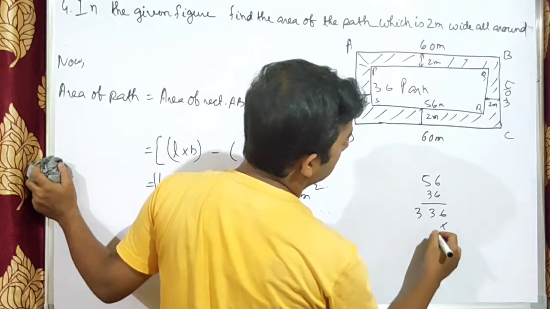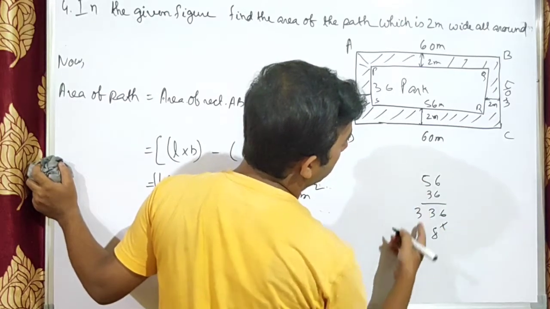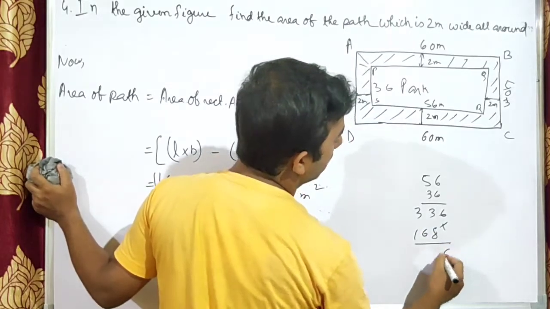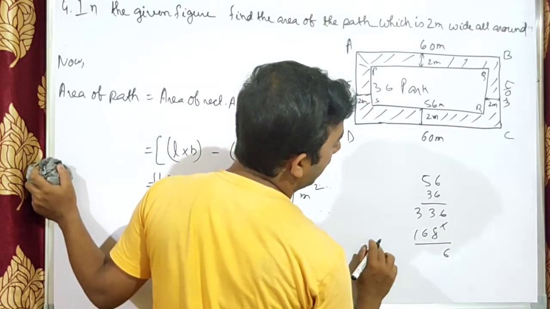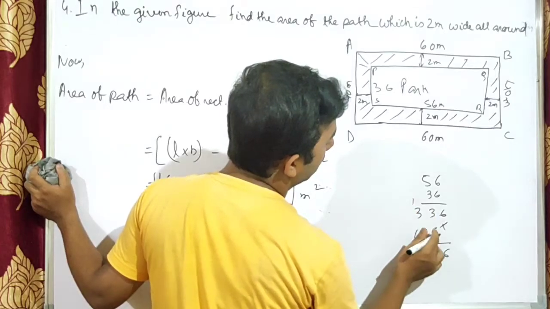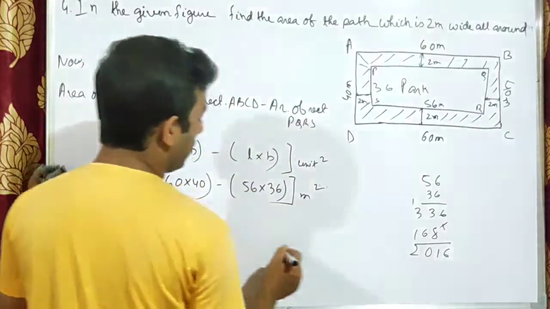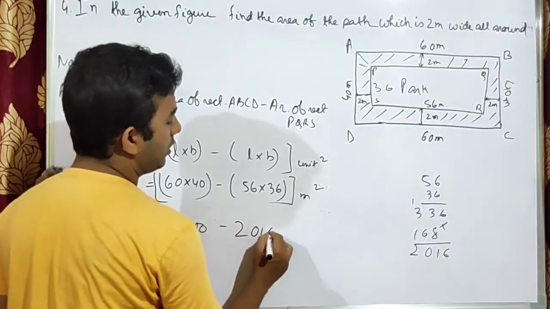Clear? Okay, then 3 into 6 is 18, 3 into 5 is 15, 16. Clear? That gives 2016.